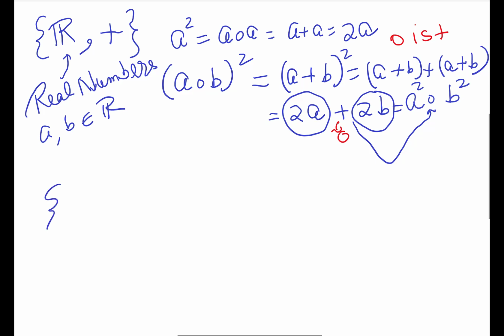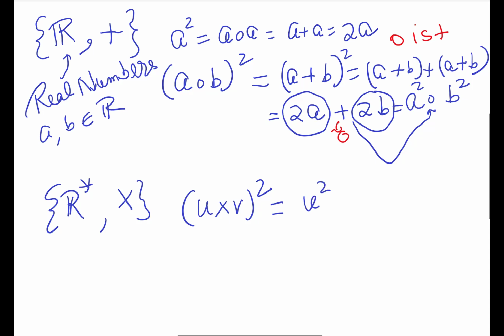And of course, if you have this R star with respect to multiplication, this process follows along much more easily. Let me just change the letters here. So say we got u, and I'm not writing o here, and so this would be u square times v square, and this is very easy to see as o.